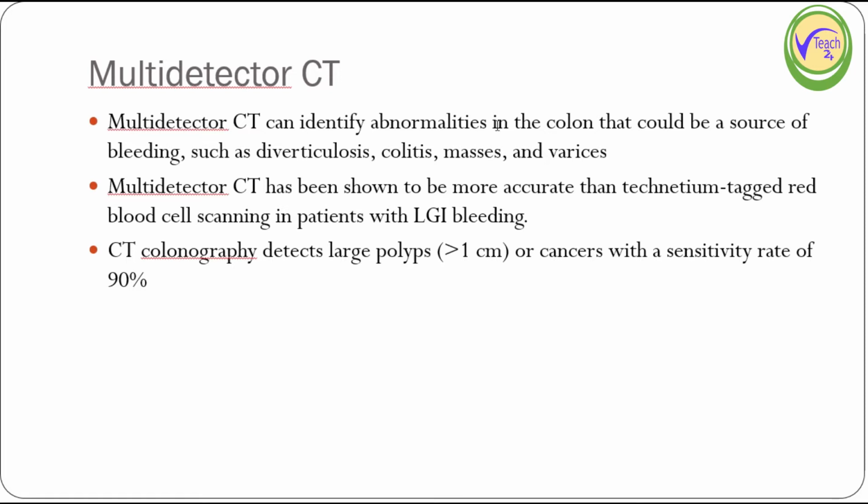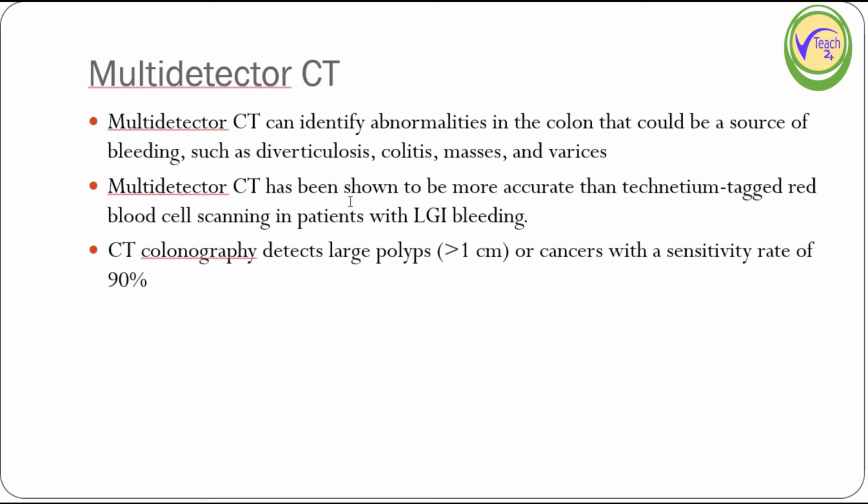Multi-detector CT can identify abnormalities in the colon that could be a source of bleeding, such as diverticulosis, colitis, masses, or varices. Masses are lesions like carcinoma of the colon, familial adenomatous polyposis, colonic polyps, sessile or pedunculated polyps, and tumors. All of these can be detected by the multi-detector CT scan.